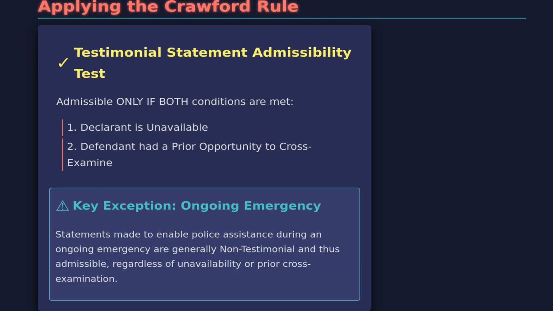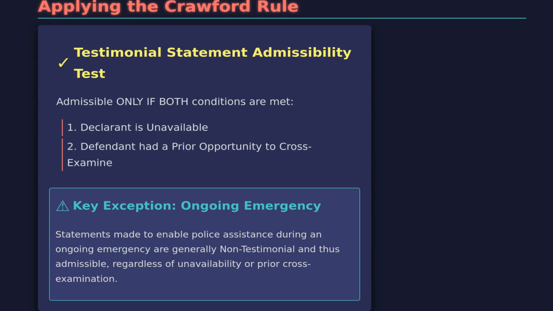Now we apply the core holding derived from the Crawford decision. Remember, the Confrontation Clause only restricts testimonial statements. For a testimonial statement to be admitted against the defendant without the declarant testifying live at trial, two conditions must be met simultaneously. First, the prosecution must demonstrate that the witness is unavailable to testify.